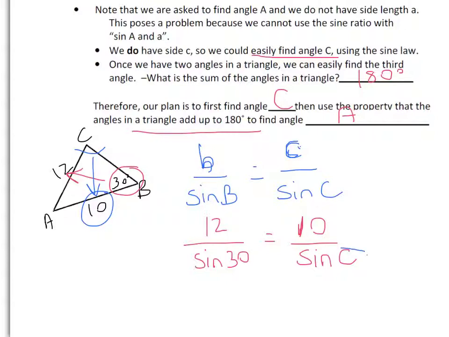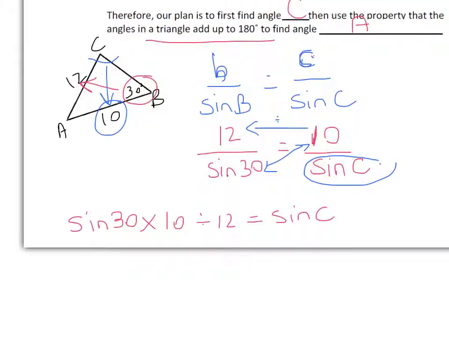We're trying to find this. So these two get multiplied, and we divide by 12. So sine 30 times 10, cross multiply, divided by 12 equals sine C.